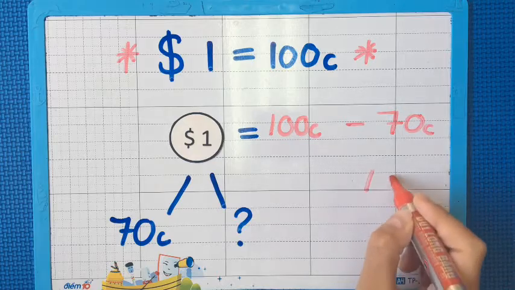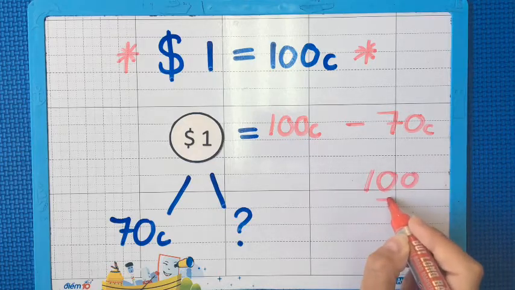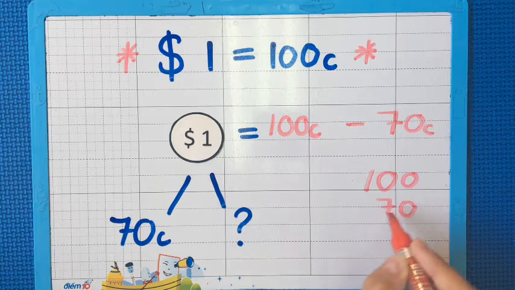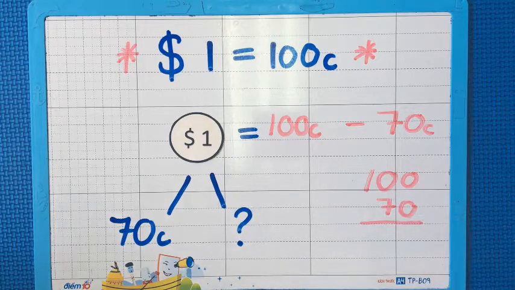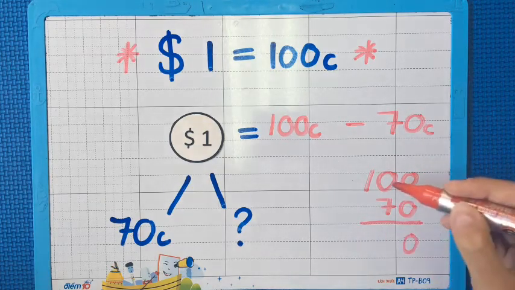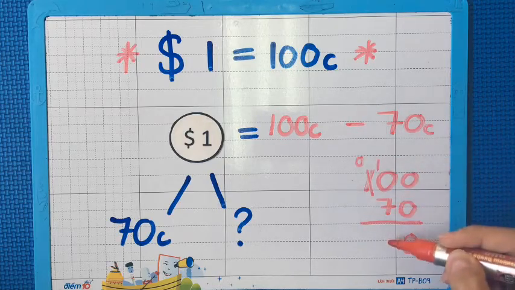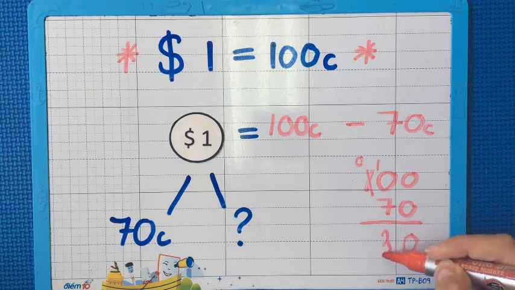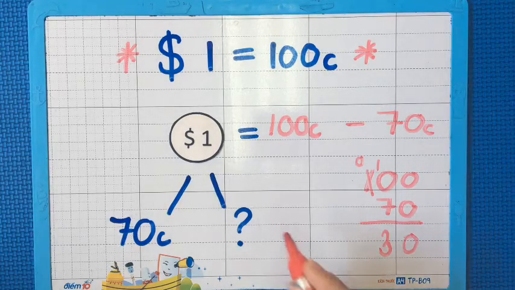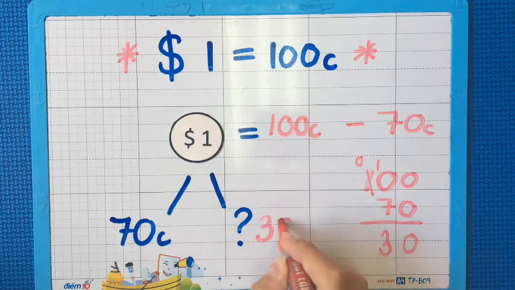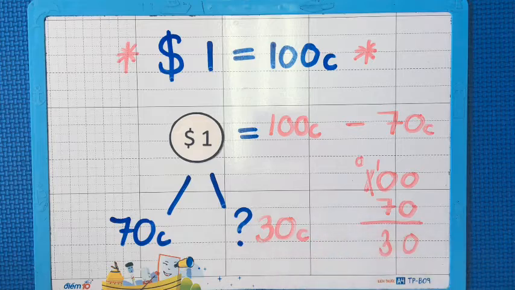I can do the sum the long way. Remember to work in columns when you do this. 0, I cannot, I have to borrow. 10 take away 7, 3. And I know I have to return 30 cents to that person.